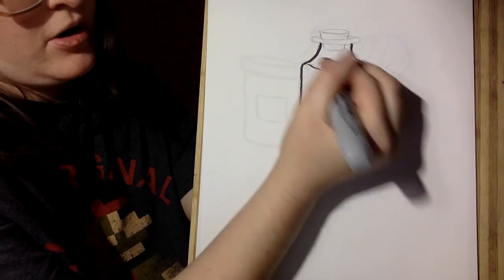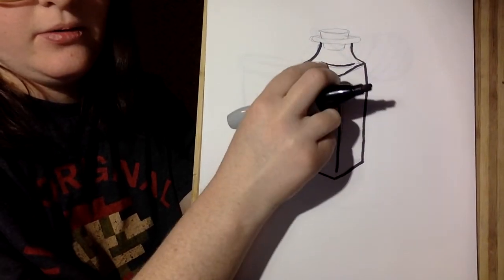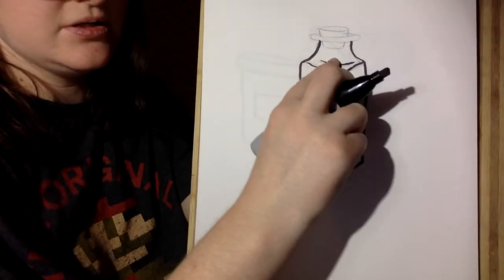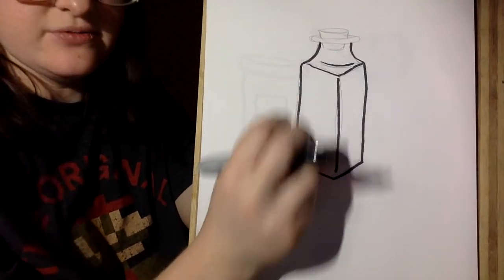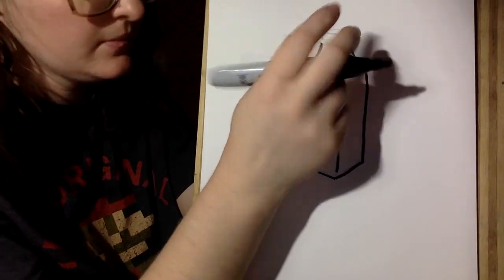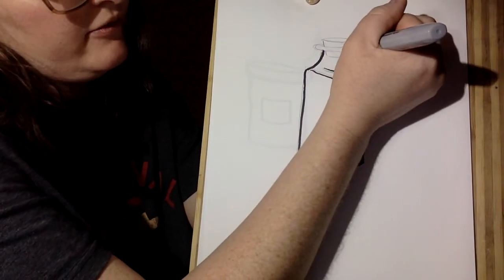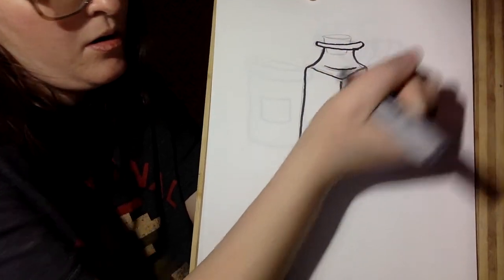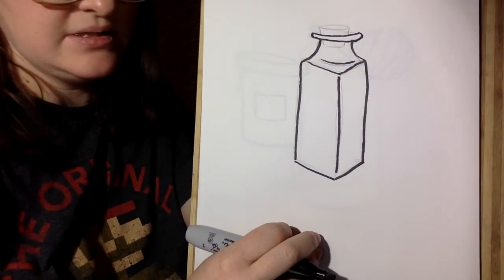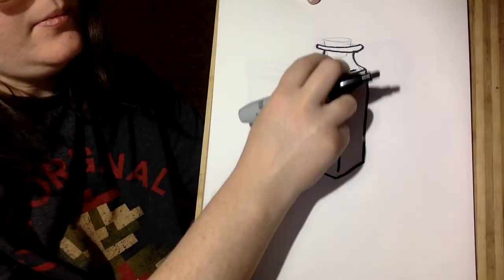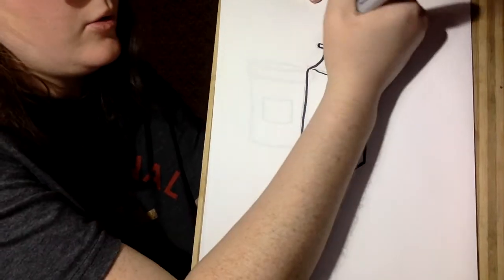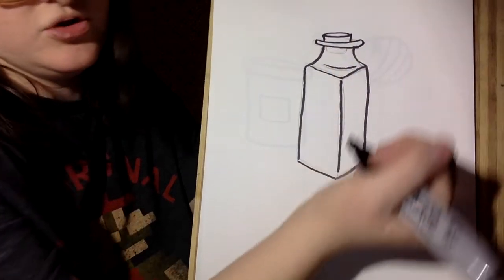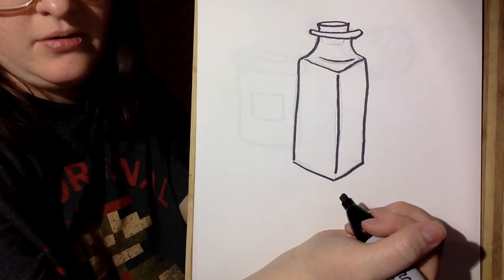Right, there's kind of a curve that you can see right here where that triangular shape starts to transform into the cylinder. I have that opening right there, the lip that sticks out. But then inside of it, I have my cork, which is also a cylinder shape.